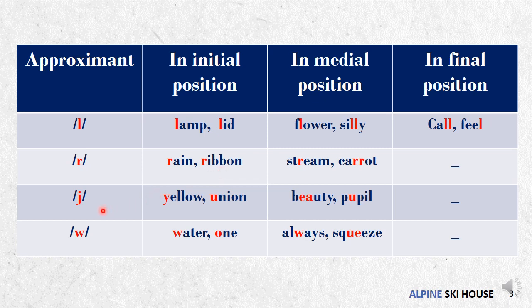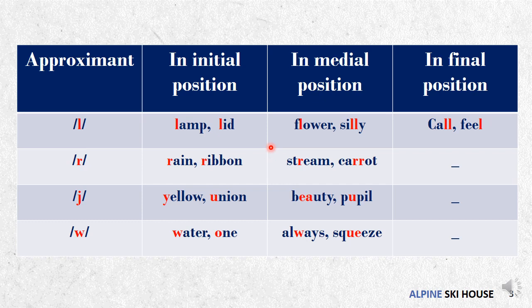The Y sound, yellow or union. Please remember it, though the symbol is like J, this is not the letter J. This is a phoneme symbol for Y. You can see here yellow, union, beauty, and pupil, pew. That means it's a Y sound. And W means W sound, water, one, always, squeeze.